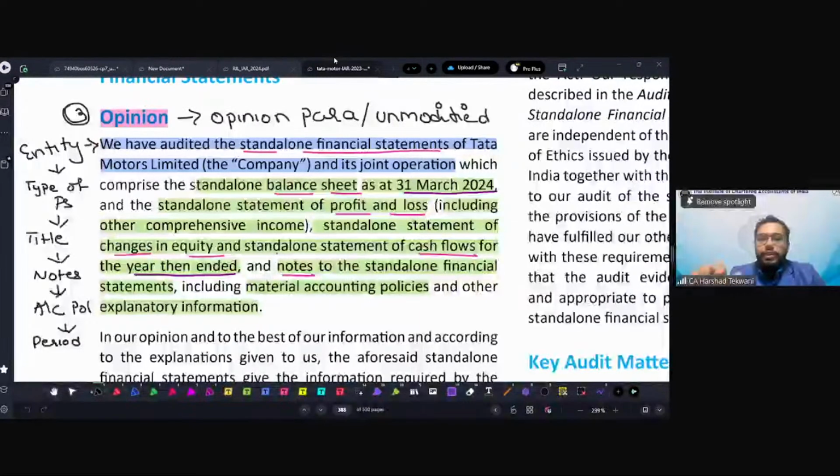When we refer to a fair presentation framework, we refer that our financial statements provide disclosures that are necessary to be true and fair, to achieve the fair presentation. So whenever we say they are giving a true and fair view, that is your fair presentation framework.